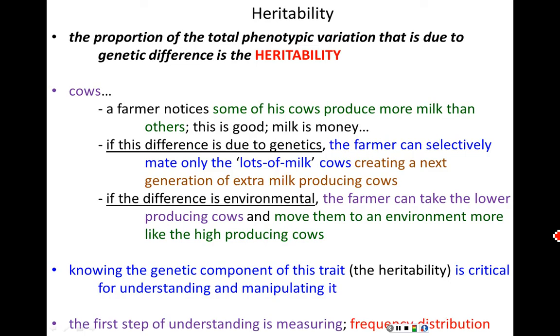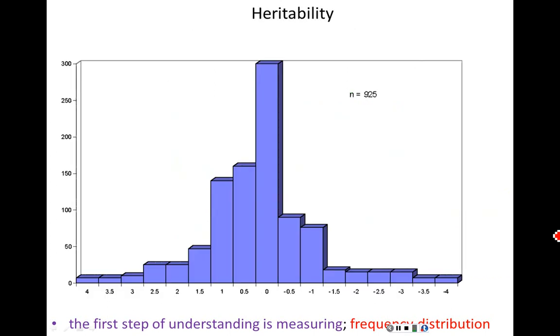And the first step to understanding this is measuring it. And we measure these things using a frequency distribution. We measure these things by binning these animals. We preset some limit to how we want to bin these cows together, and then we do so. And we look to see what the distribution of the cows on the farm is. I have no idea how much milk a normal average dairy cow makes in a day.